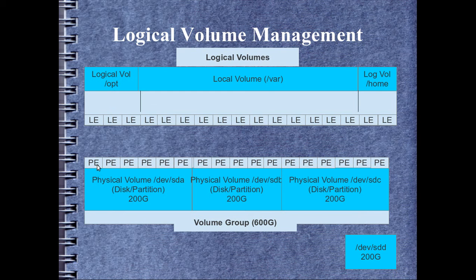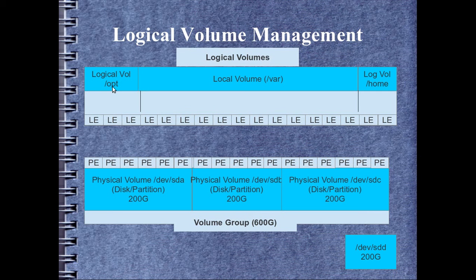Physical extent is the smallest part of the physical volume that can be allocated to a logical volume. This is logical extent, and the size of logical extent is exactly the same as physical extent. Logical volumes are created out of logical extents. So it's a combination of logical extents.